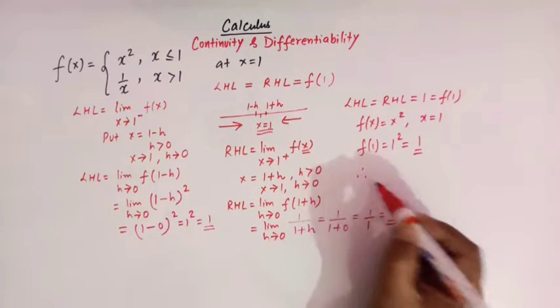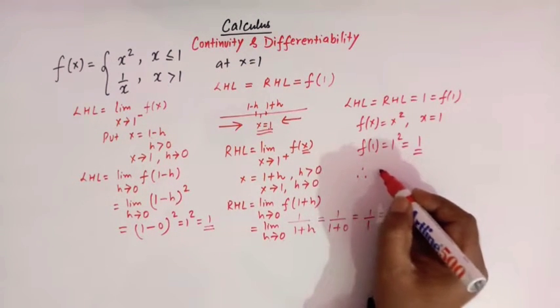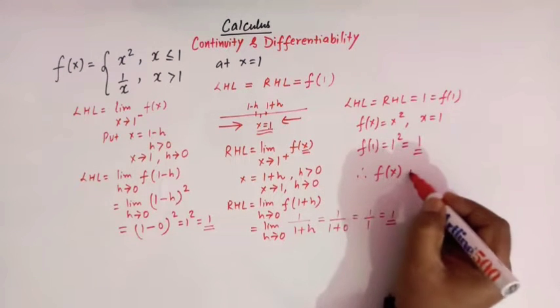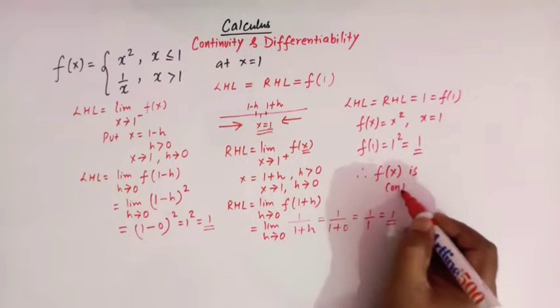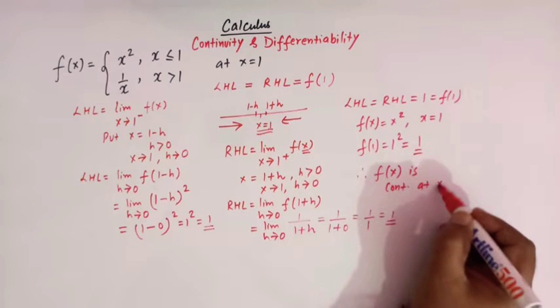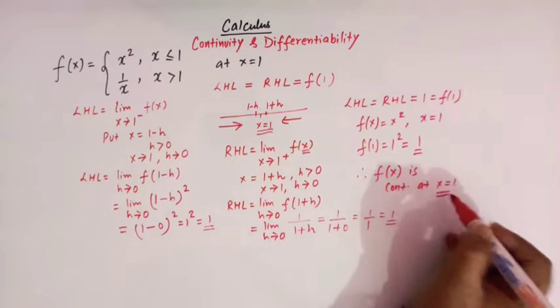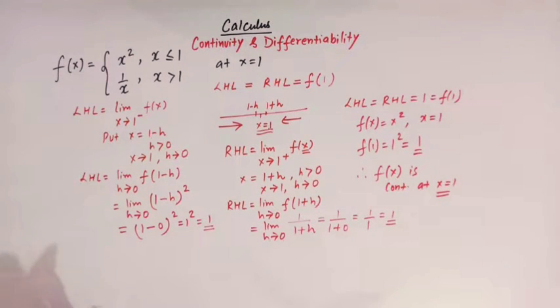So therefore we claim that f of x is continuous at x is equal to 1, right? So this is the first part of this problem, where we have proved that the function is continuous at x is equal to 1. Now let us take the differentiability of this function at x is equal to 1.